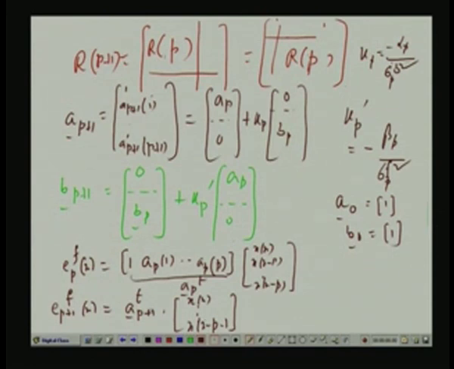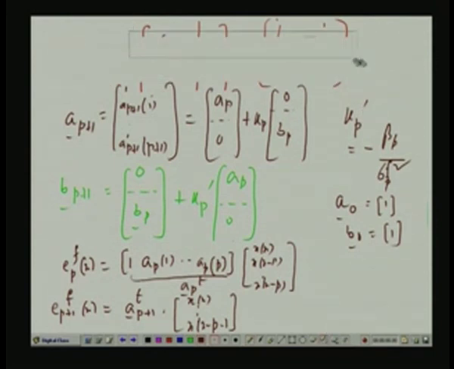Now, we know what A_{p+1} is. If we substitute A_{p+1} by this thing, A_p 0 and then K_p into the vector with 0 B_p, put that back here, what do you get? You see these are simple steps and there is no point in wasting time on that.